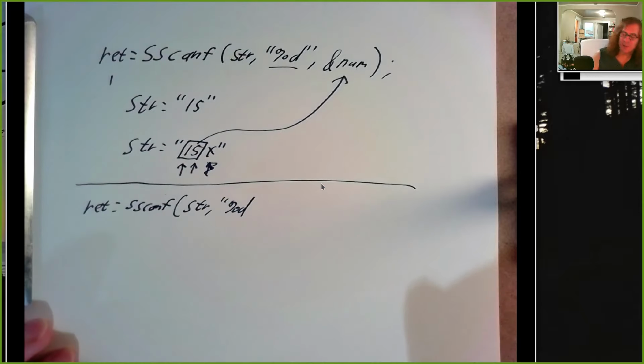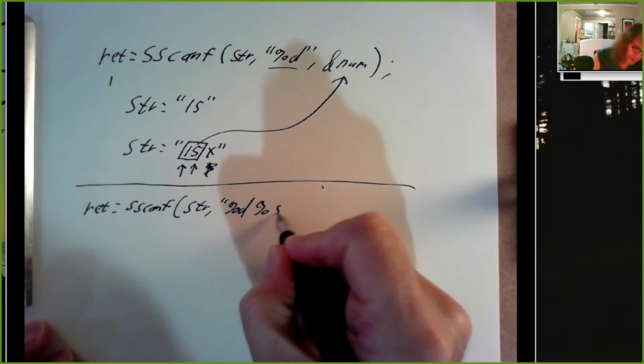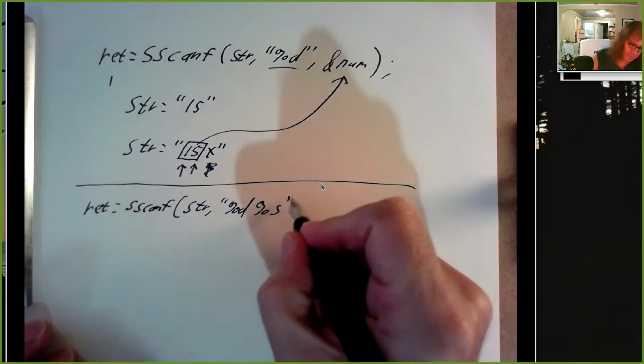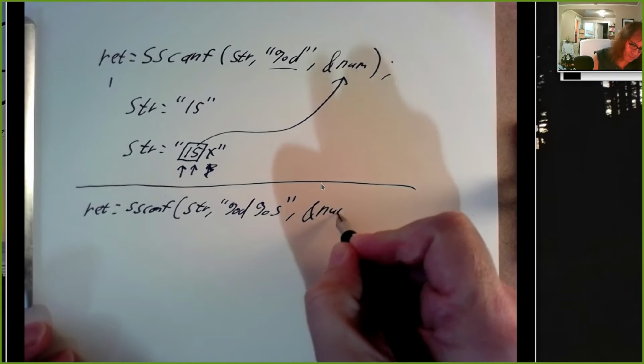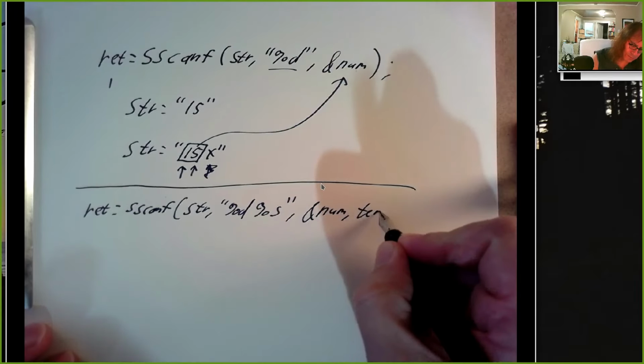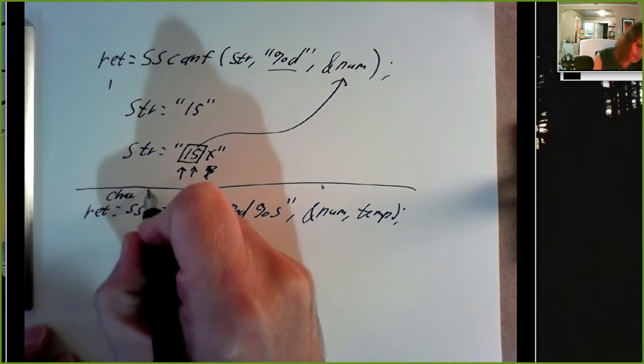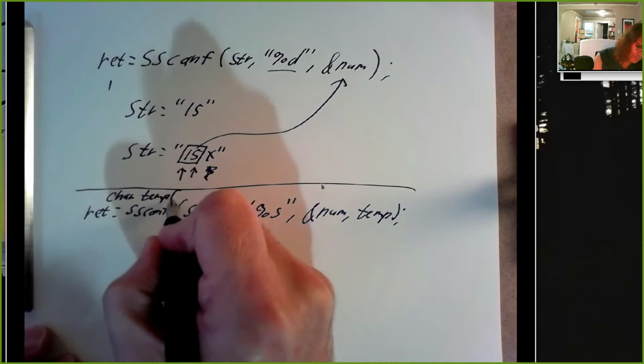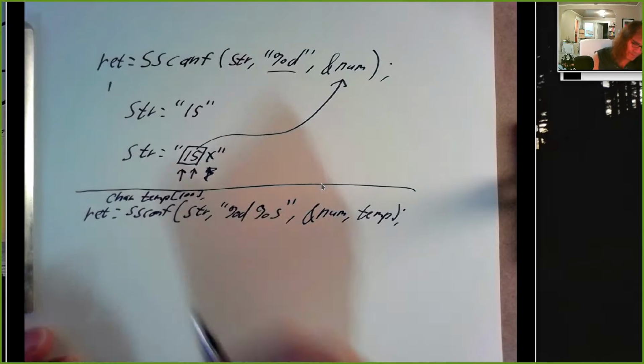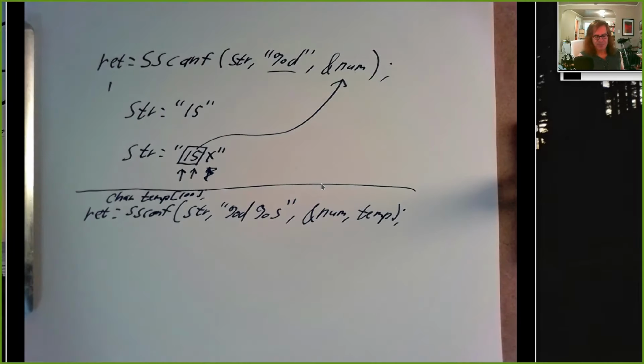Go ahead and do your %d, but then follow it with a %s. And make yourself just a throwaway array, temp, for example.